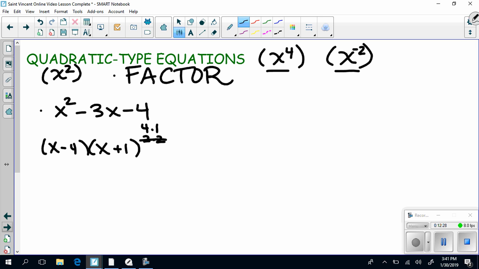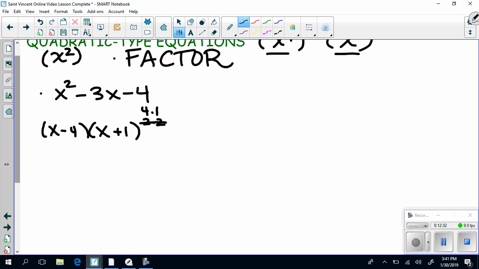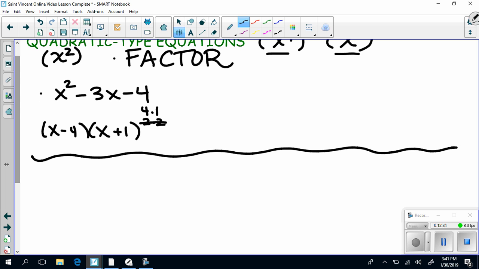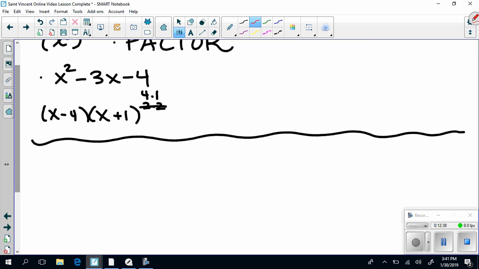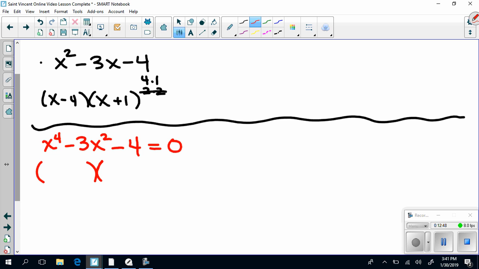Now compare that with this. It's literally exactly the same. So if I have x to the 4th now, minus 3x squared minus 4, this is exactly the same problem.